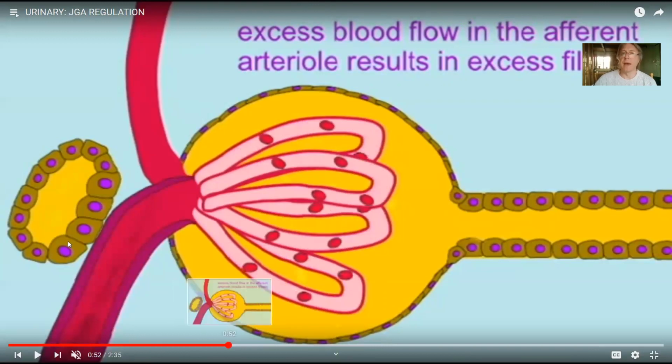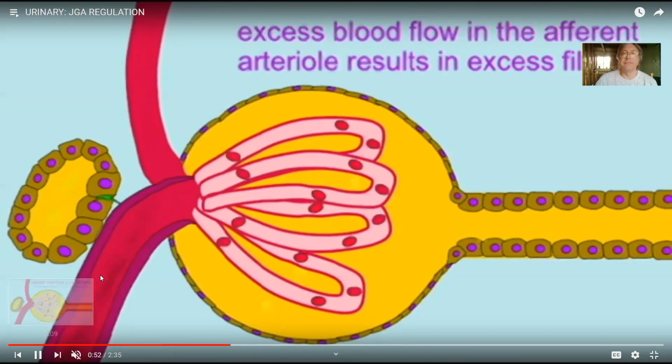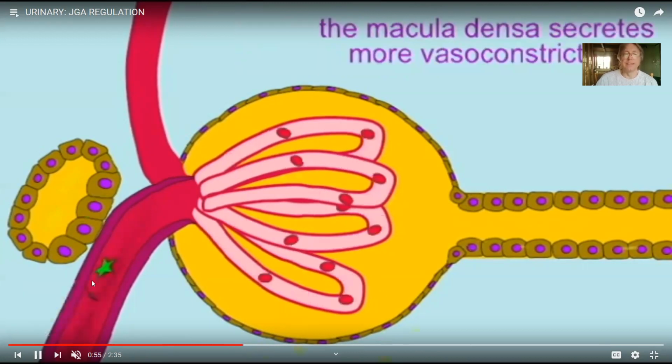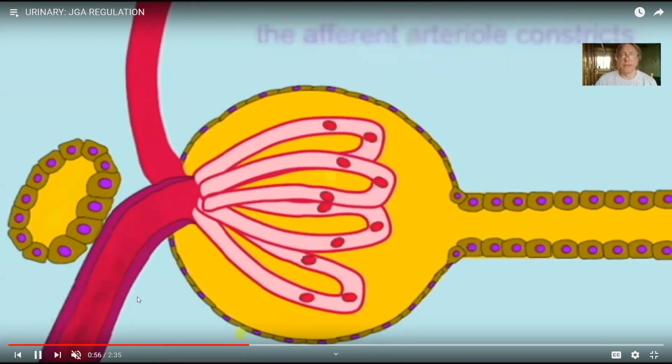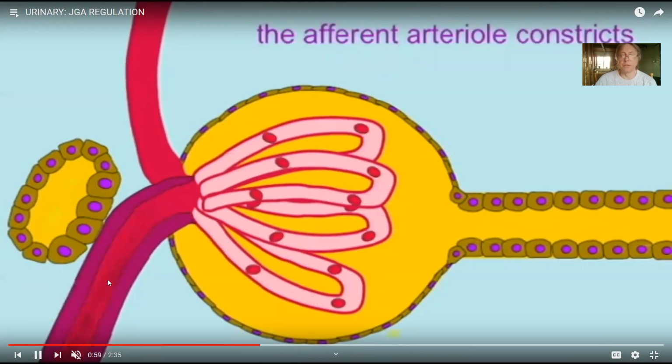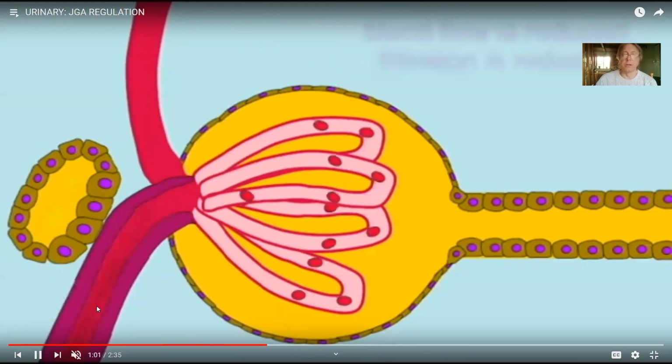These cells of the macula densa are sensing how much salt, and thus how much fluid is leaving here, becoming urine. And if they sense that there is too much, an excess, then they release what's called vasoconstrictor. This vasoconstrictor will then cause the vasoconstriction of the smooth muscle of this afferent arteriole.